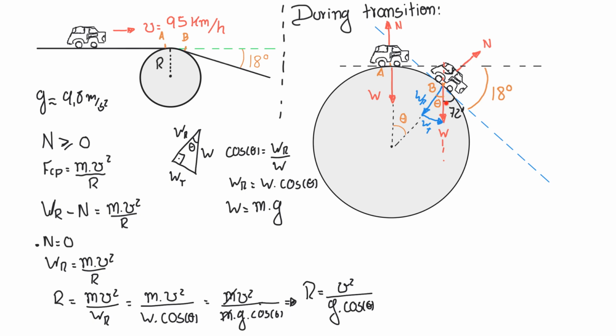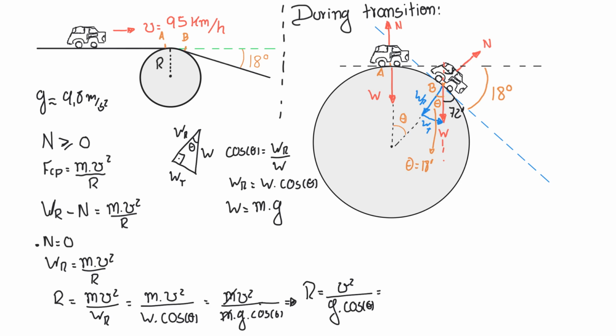Therefore, we conclude that theta plus 72 degrees must be equal to 90 degrees. And the only possibility for that result is that theta is also equal to 18 degrees. Now that we know theta, we can finish the question.